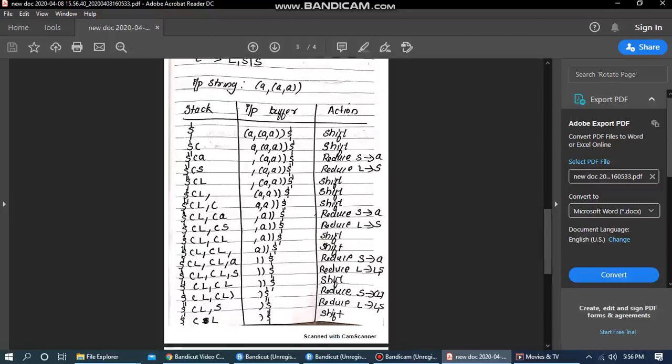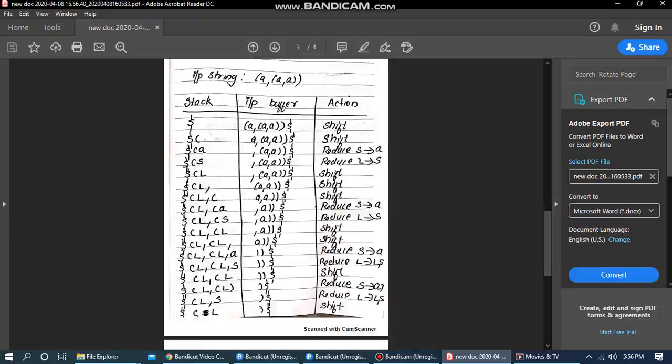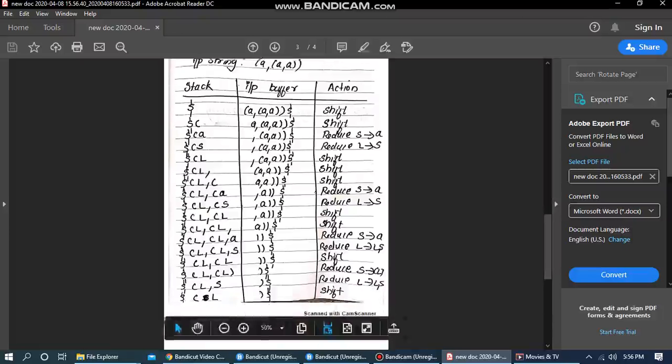Don't forget to write any symbols, and don't forget to write the elements in the stack as it is. Don't skip any step. Then what happens in the last step?